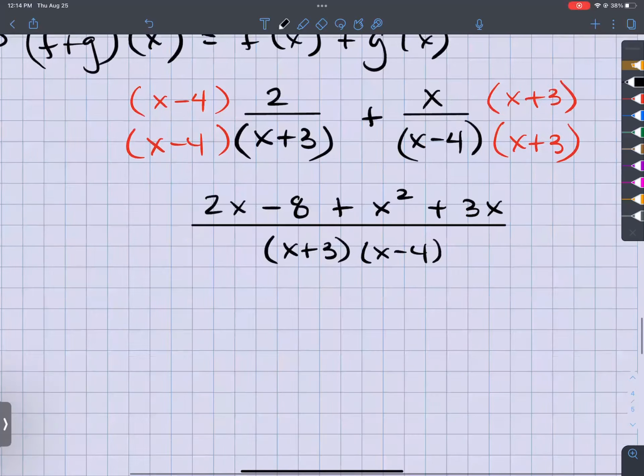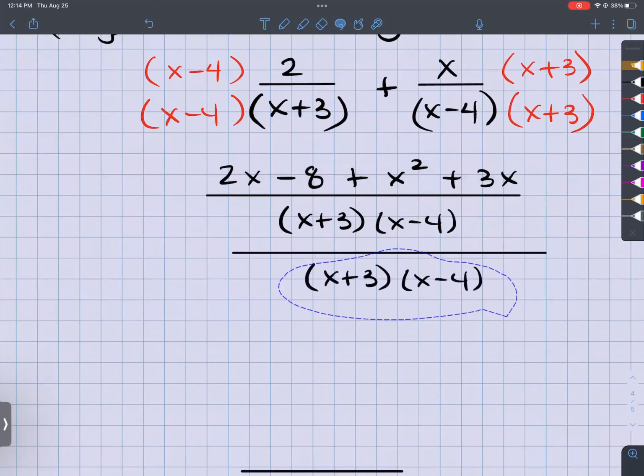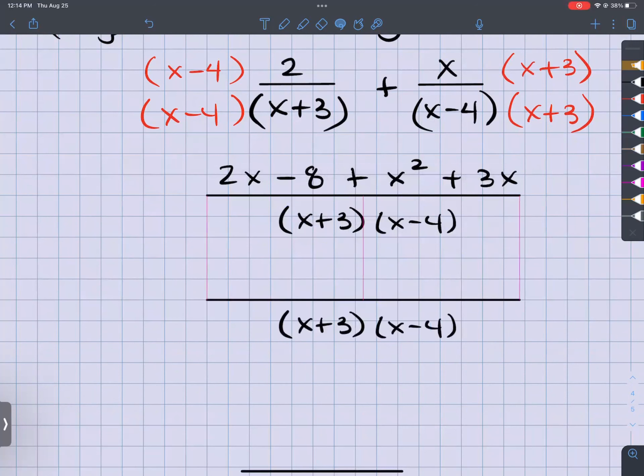So I have to do a little CLT, right? Combine like terms. Actually, why am I even doing that when I can do this? Boop. This is much easier, isn't it? So I got x squared plus 5x minus 8.